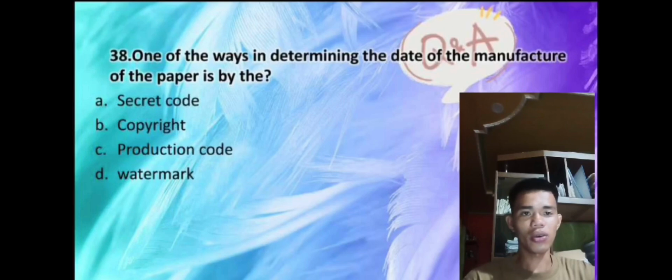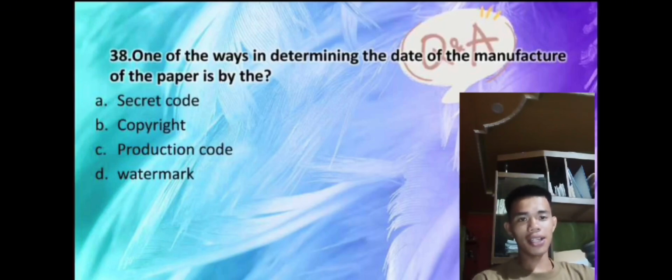Ang letter A, secret code. While some manufacturers might use secret codes, this is not a standard method for determining the date of paper manufacture and is generally not visible or consistent across different types of paper. Ang letter B kay copyright. Copyright dates may be printed on materials, but they refer to the date the content was copyrighted, not the date the paper itself was made.